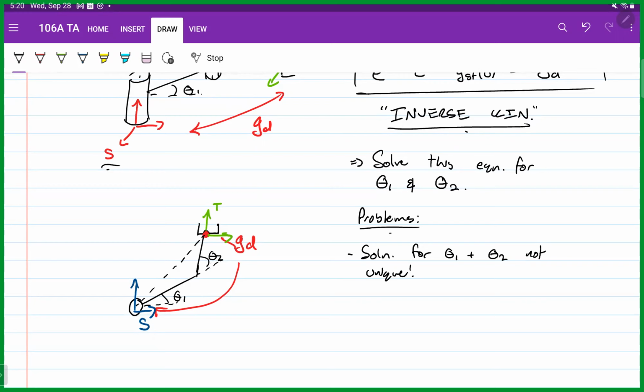We know that we could simply reflect this across this line in the middle, and we're going to get another solution. So if we're able to reach this position this way, maybe we'll be able to reach it that way as well. Because of this, we often end up with a lot of different solutions in inverse kinematics. This is going to be a problem for us. Many different solutions.